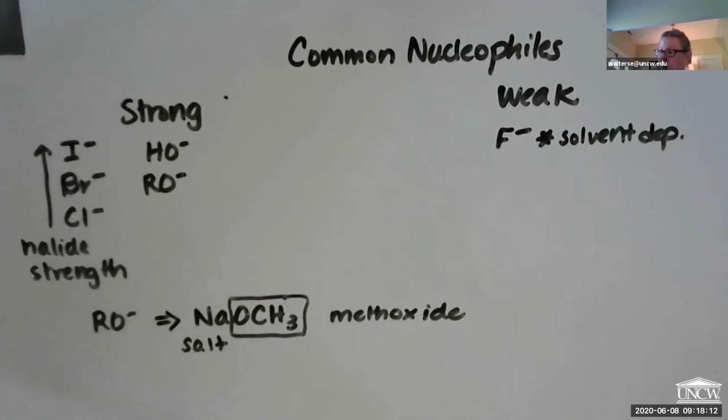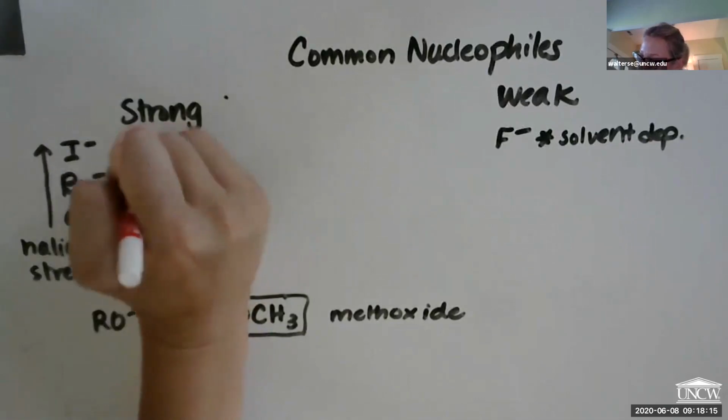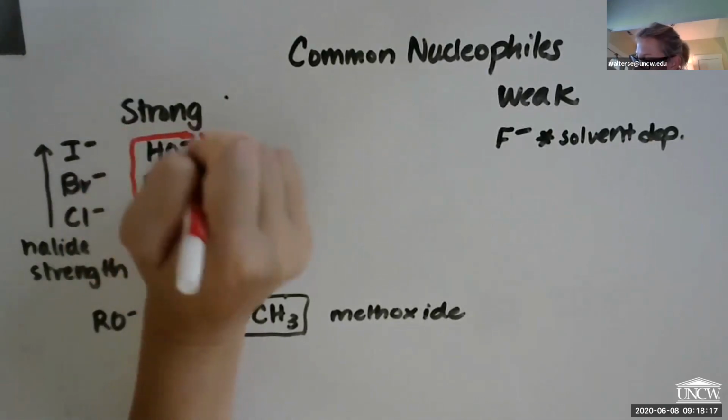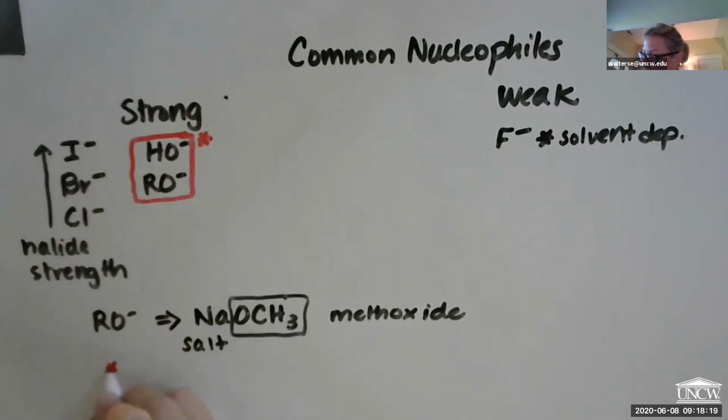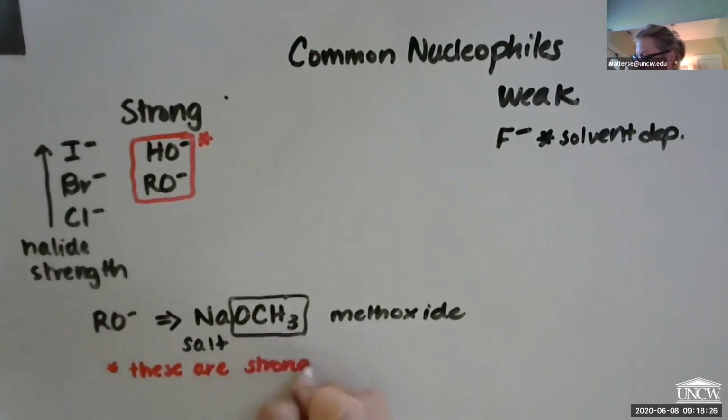But what I want you to do is put a little box around these two. Okay, and then down here, I want you to write, these are strong bases, okay?